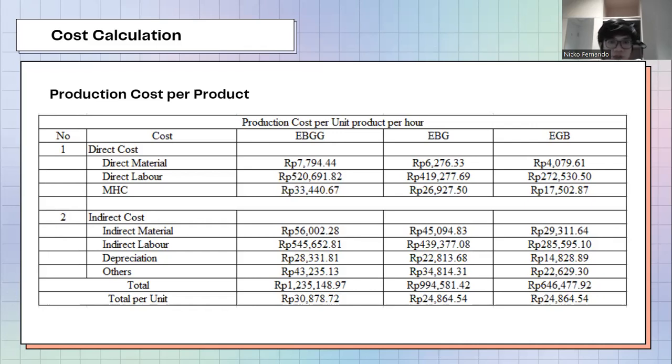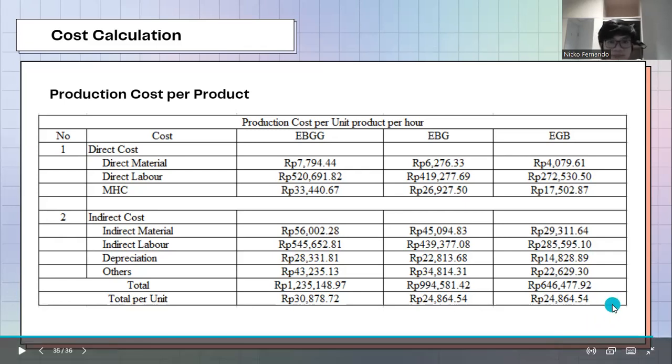The total cost per unit of EBGG is 30,878.72 rupiah. For EBG it is 24,864.54 rupiah. And for EGB, we got 28,864.54 rupiah.